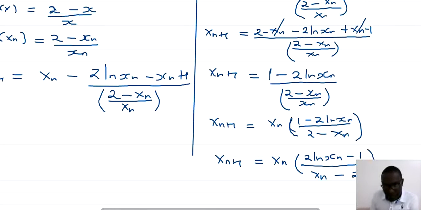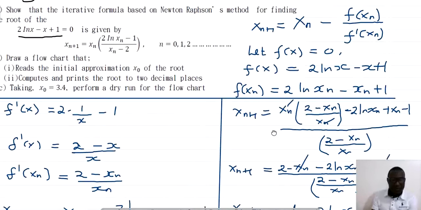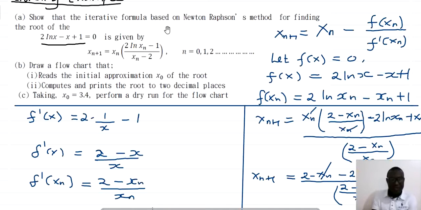So we have come up with what they need, n equals 0, 1, and they continue. Those are the values of small n. So we have finished showing that the iterative formula based on Newton-Raphson's method for finding the root of this equation is given by that.